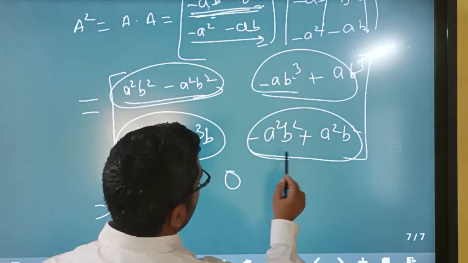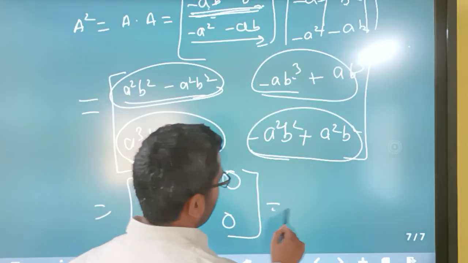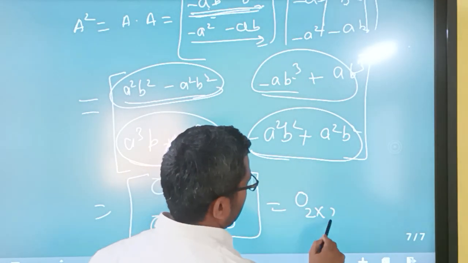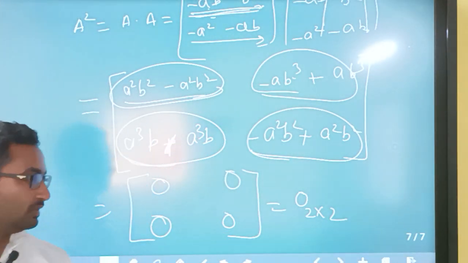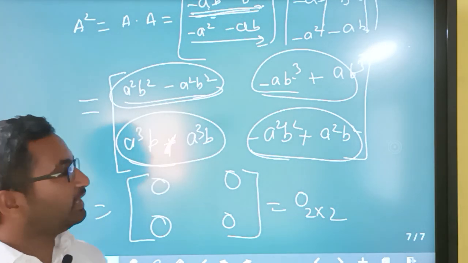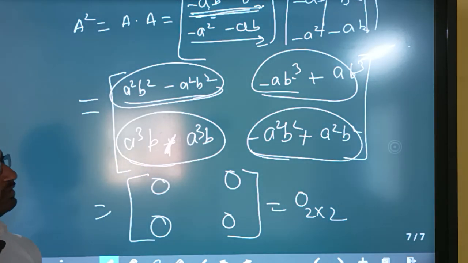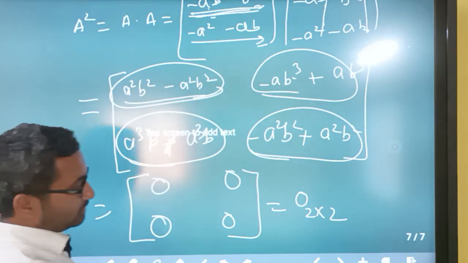So we got A square equal to the 0 matrix, 2 cross 2, a null matrix. This is the basic concept of multiplication of matrices.